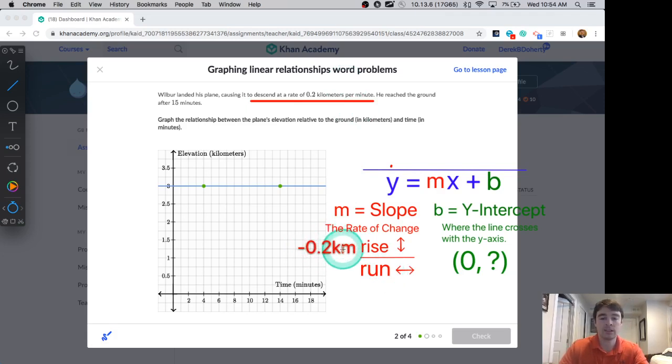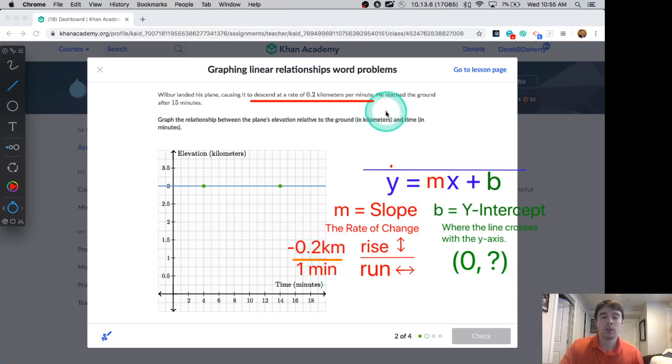So we're going to go ahead and set that ratio up right here. Losing 0.2 kilometers every 1 minute.